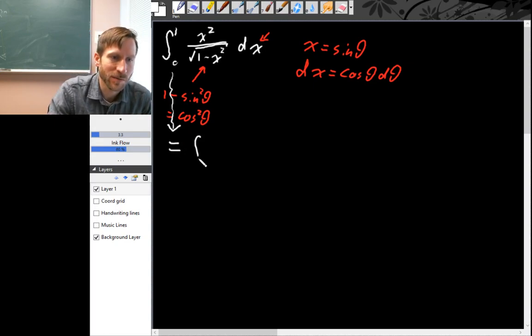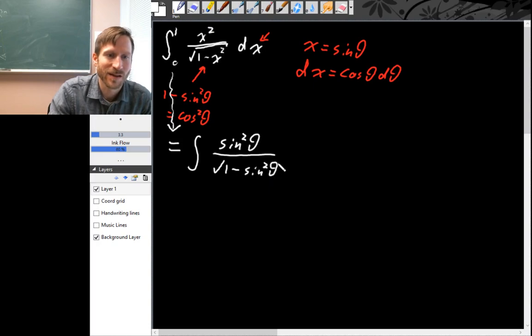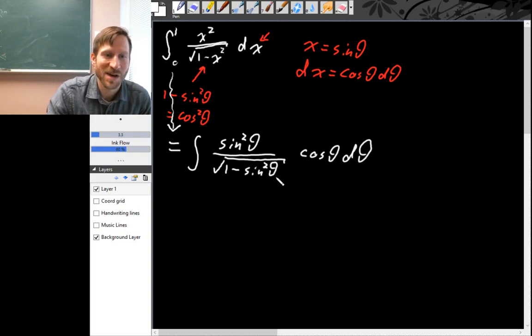So it's going to become the integral of x squared, well, x is sine, so x squared is sine squared theta, over square root 1 minus x squared, but that's sine squared theta, times dx, and dx is cosine theta d theta. Okay, so it looks like we've made a mess, but actually this is not too bad.